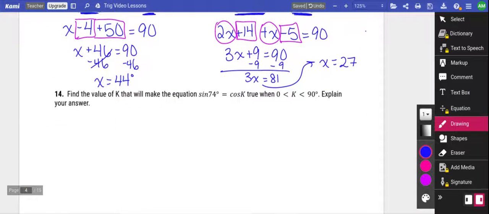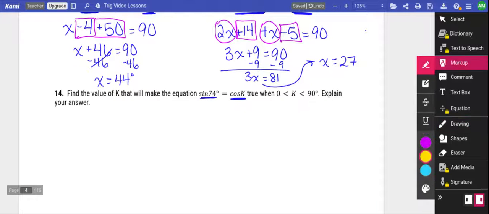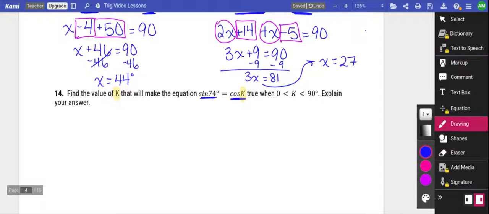Let's try one more. We're going to find the value of k that will make the equation sine of 74 is equal to the cosine of k true when 0 is less than k is less than 90. What this means is that k is between 0 and 90 degrees.